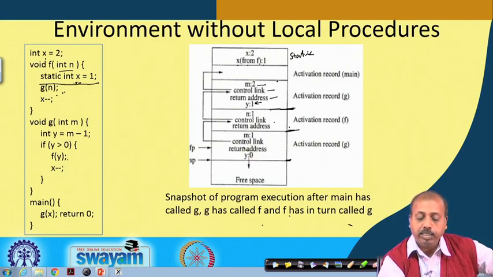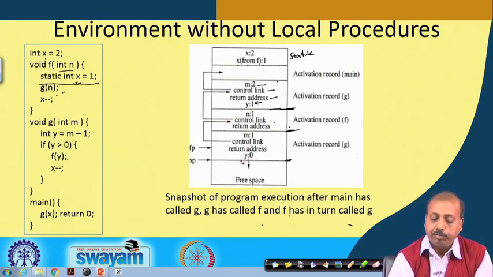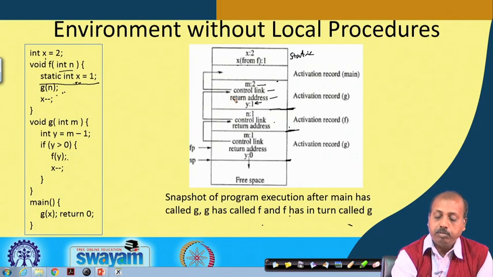Now, these control links are actually pointing to the previous activation record. From main, when I was calling g, the control link was pointing to main. Similarly, g gave a call to f, so from f the control link is pointing to the g function, and from this g the control link is pointing to the previous one, f.